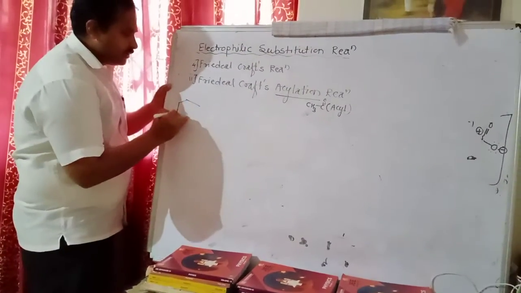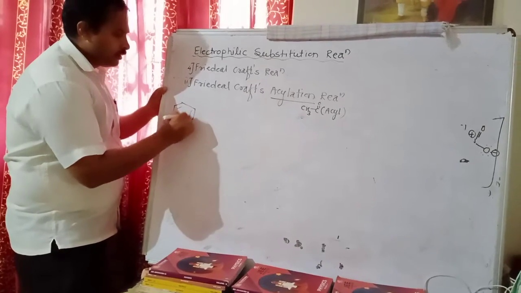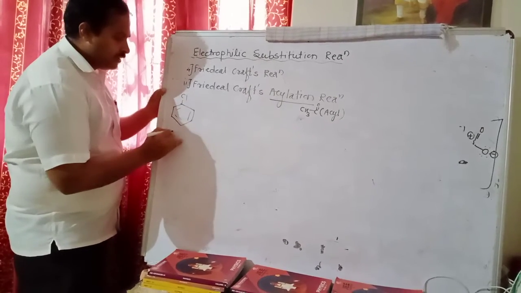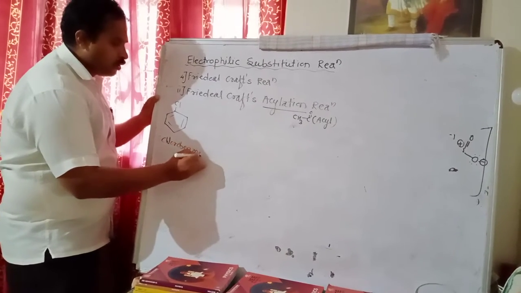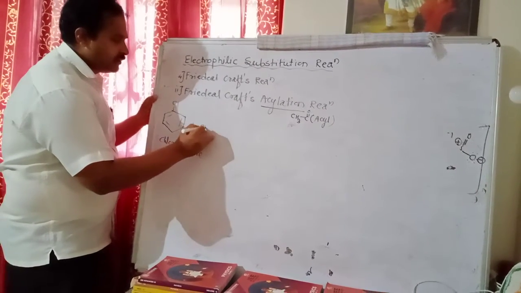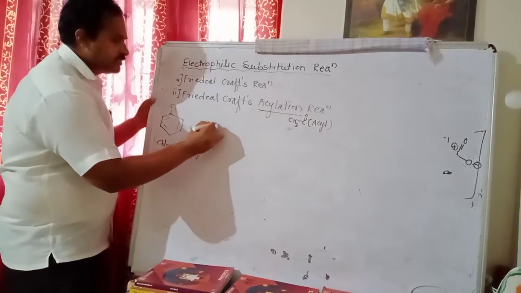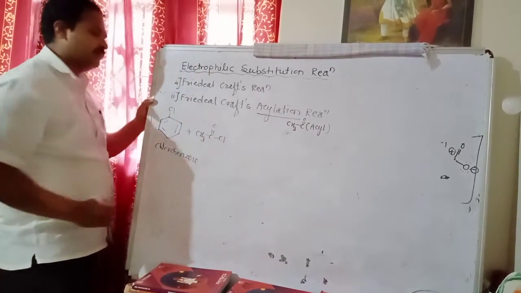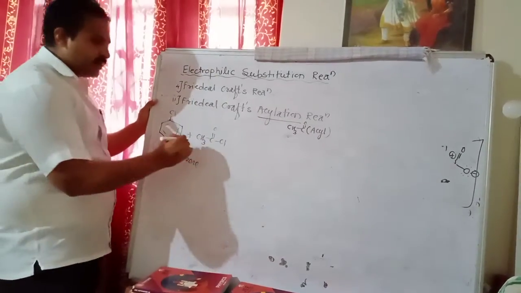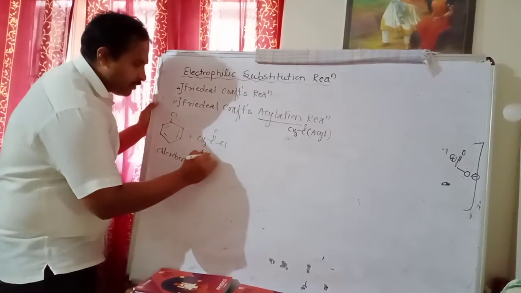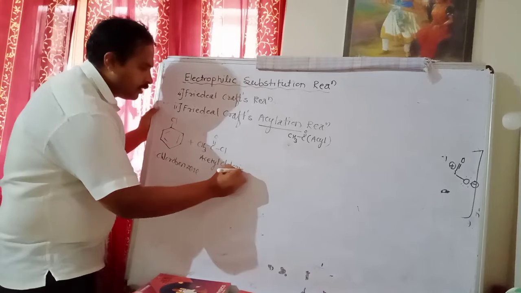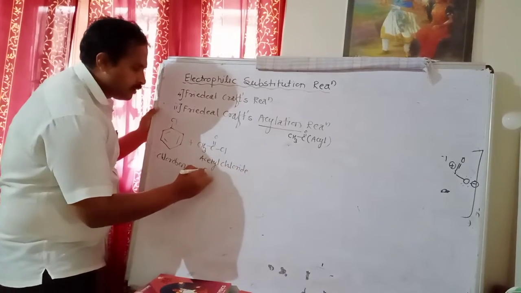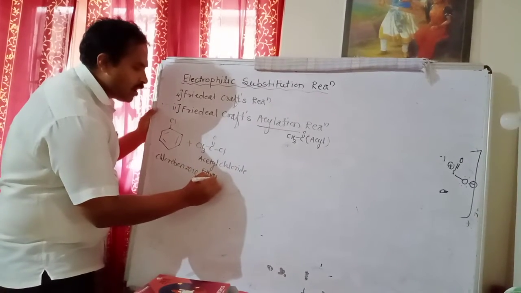Students, we can carry out the reaction. It is chlorobenzene. Chlorobenzene reacts with CH3C double bond O Cl. It is the name of the compound, common name acetyl chloride, another name ethanoyl chloride.